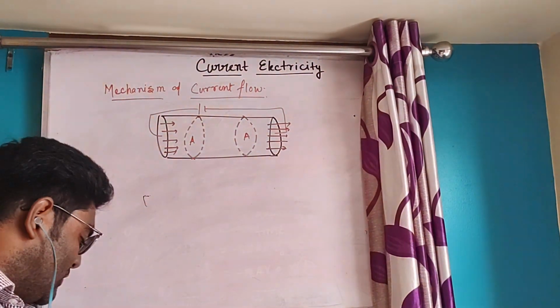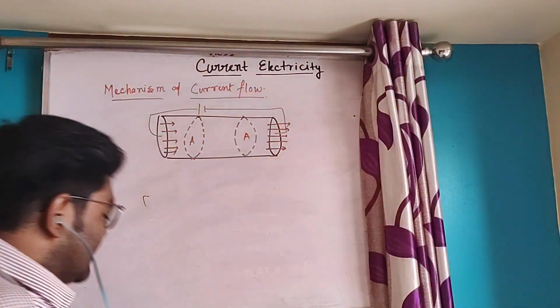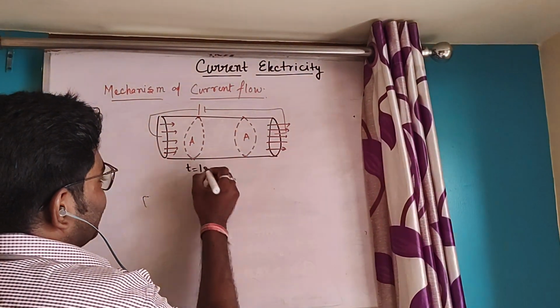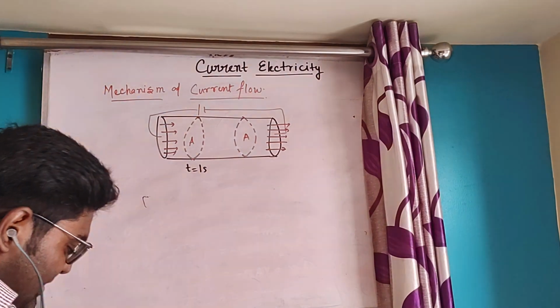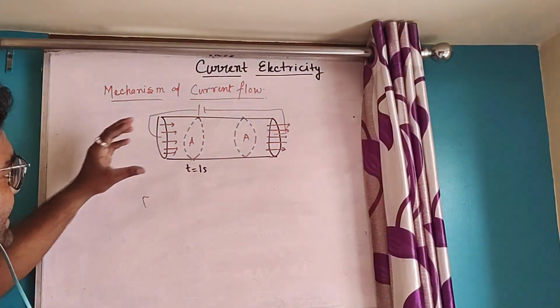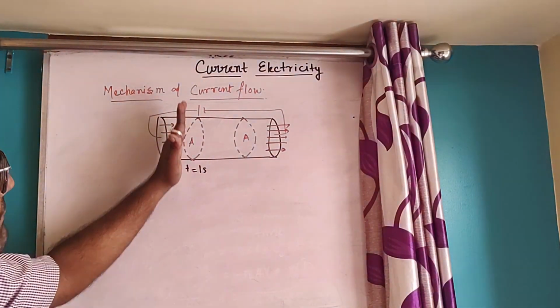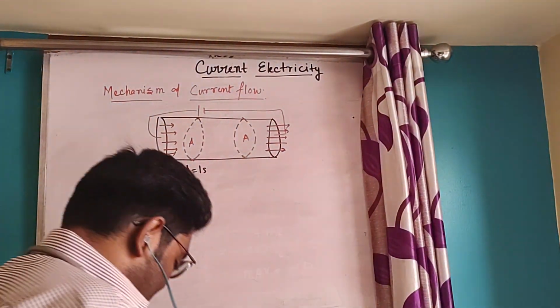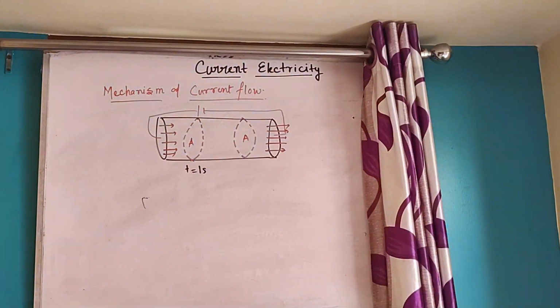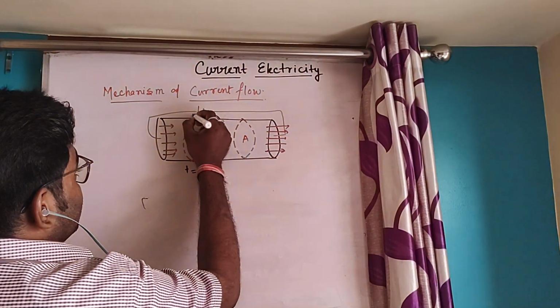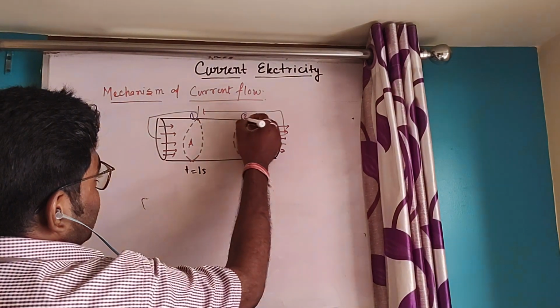So suppose at time t equal to 1 second, some number of electrons get inside through this first cross section. This is the first cross section, this is the second cross section.